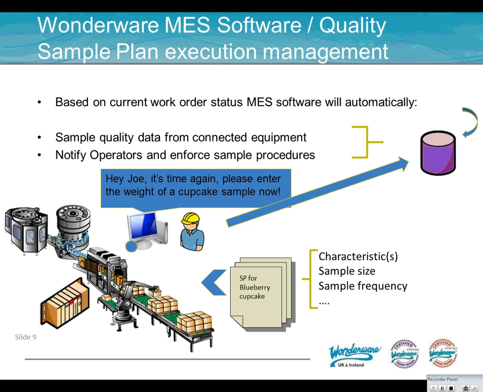Alternatively, if the information is not available from the automation layer, then we have the ability of prompting the operator when a sample is due, so that he can see on his screen, okay, it's now time to enter, say, the weight of the cupcake sample, so he knows what needs to be measured, and then allow him to actually enter the results through the HMI screen.